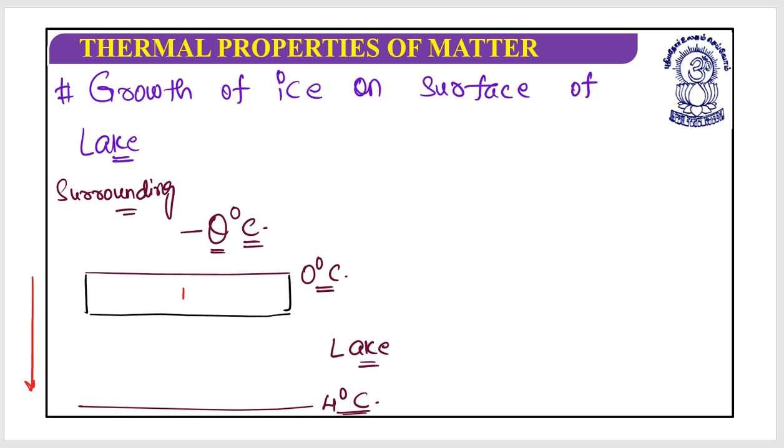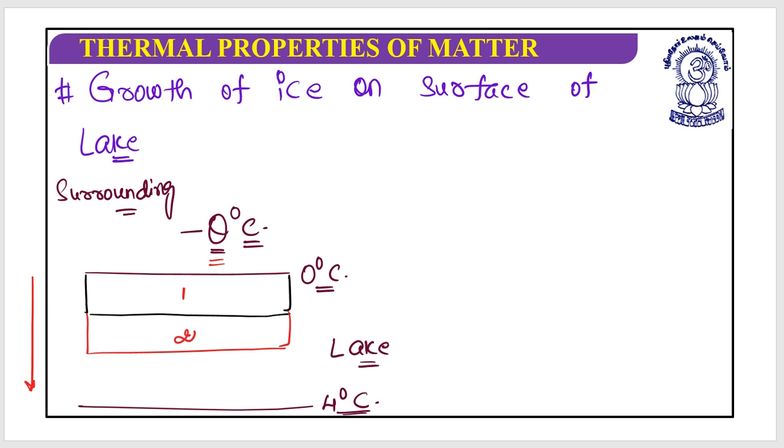So let's say this is the first layer that has been formed. Now if the situation is still the same, that this is minus theta and a very cold environment is still there, then this is the second layer that is going to be formed. So from the top to bottom, this ice is going to form.